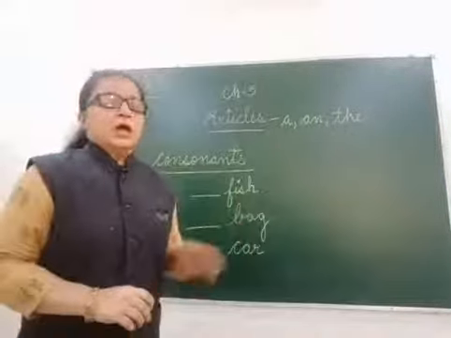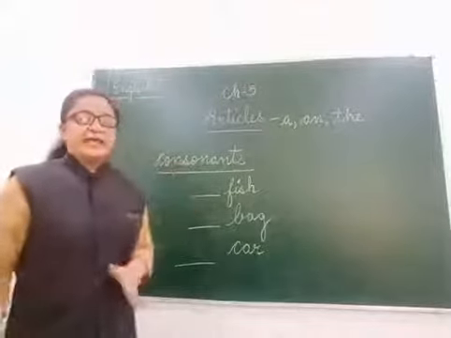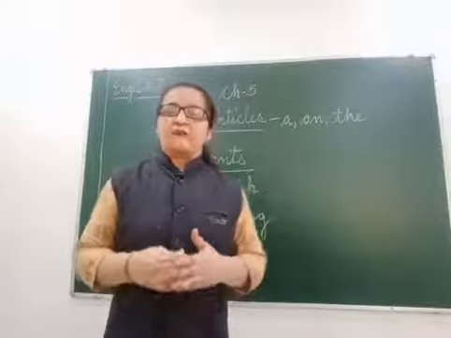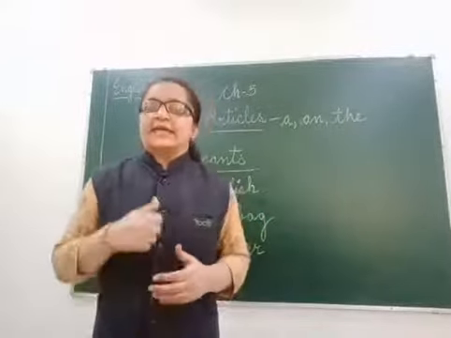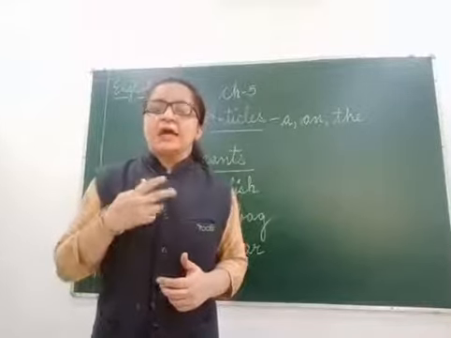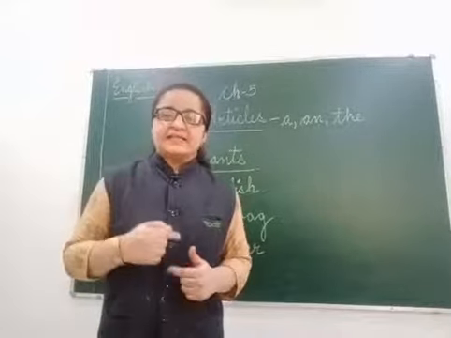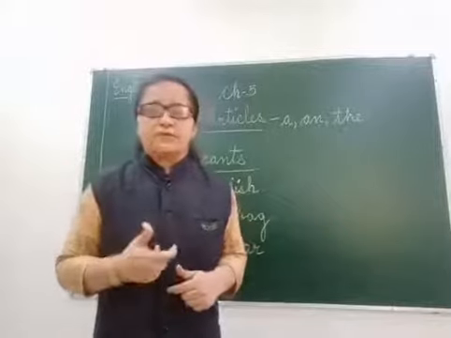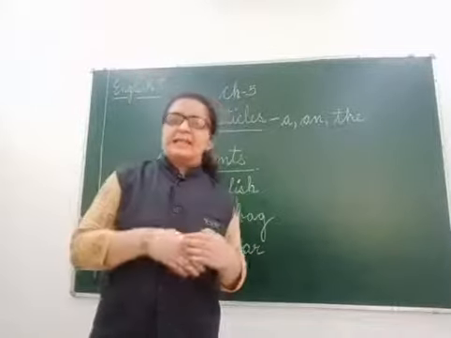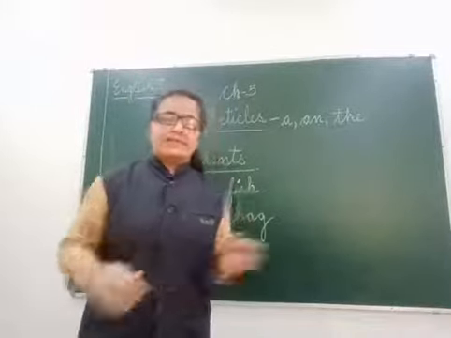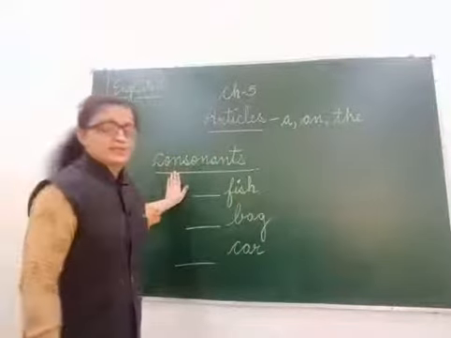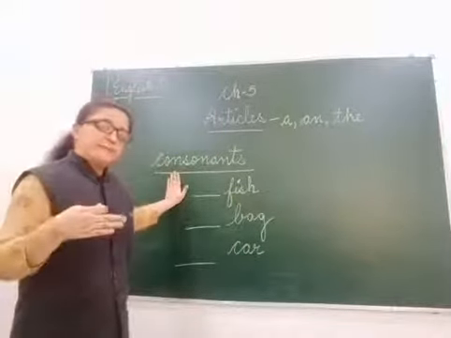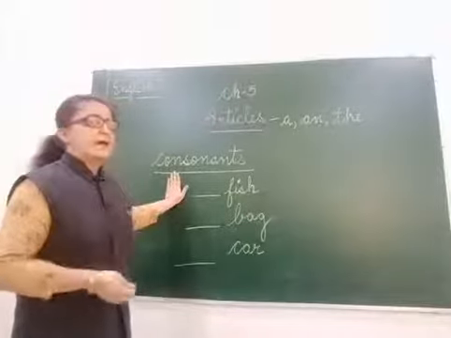Now children, what are consonants? Like I have told you, we have 5 vowels. Those are A, E, I, O and U. These English letters are vowels. Now the remaining letters of English alphabets are known as consonants.